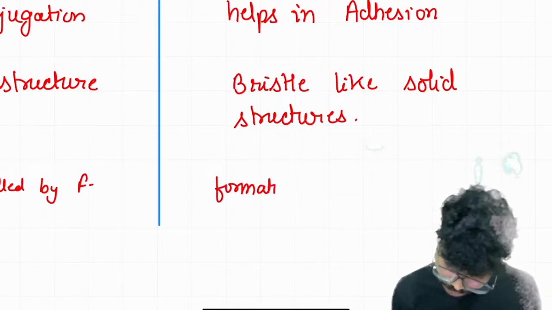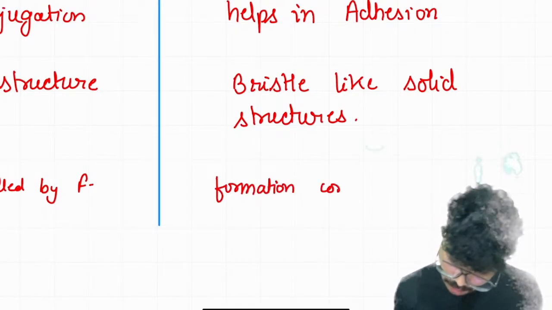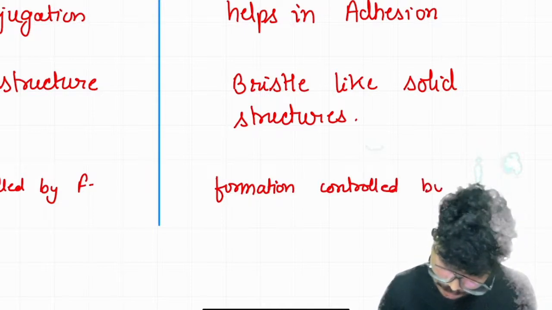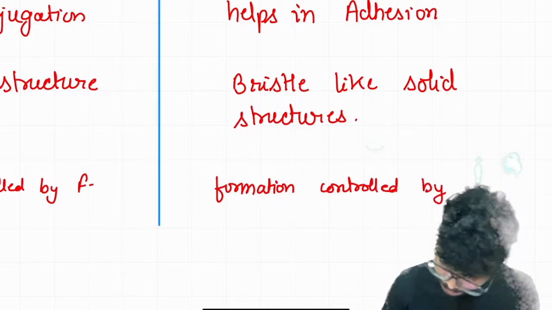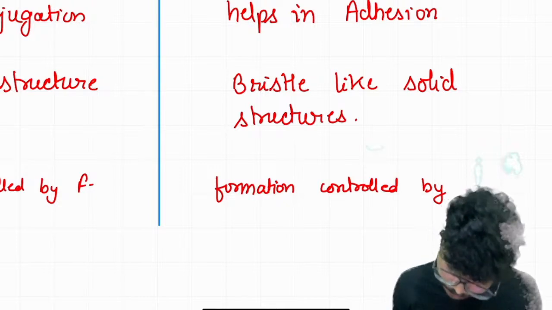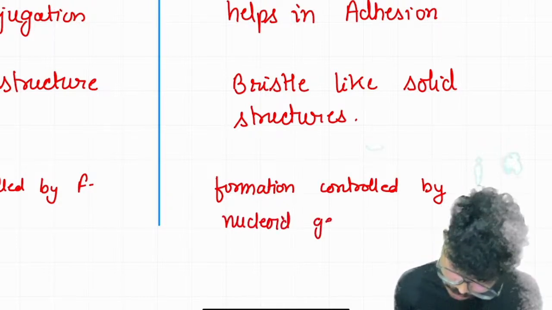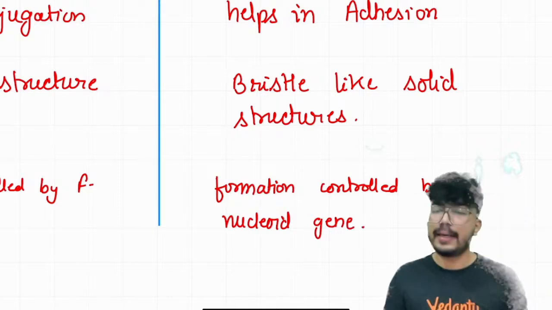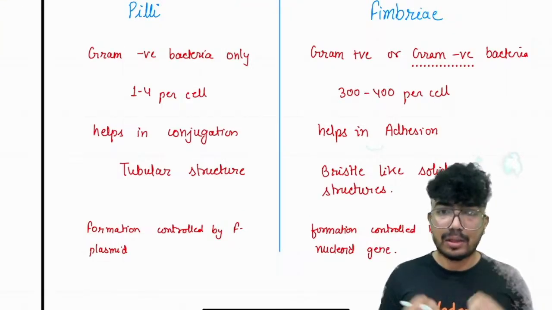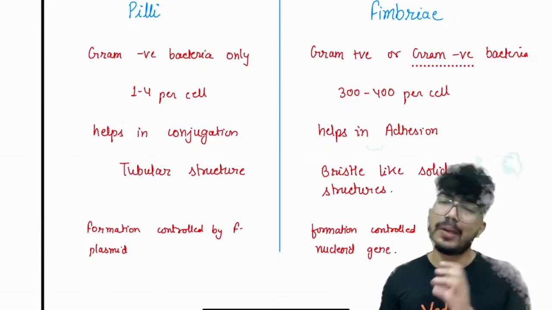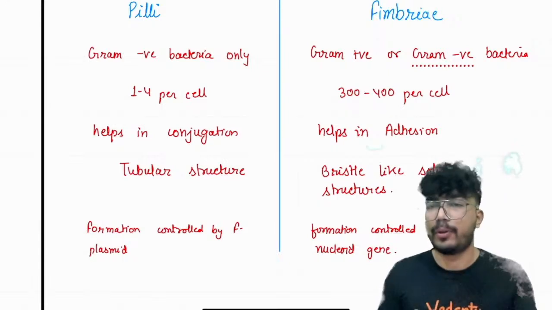Formation controlled by nucleoid gene. Correct. So if you want to know about the dimensions, for pili the length is 18 to 20 micrometer, but for fimbriae it is only 0.5 to 1.5 micrometer.